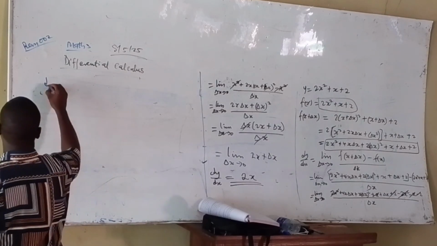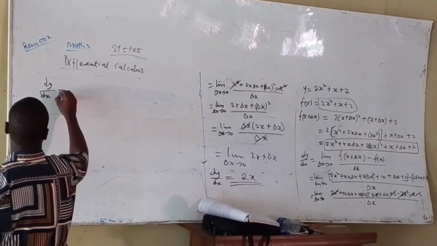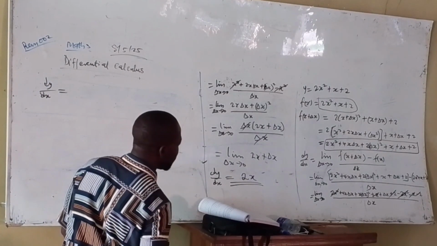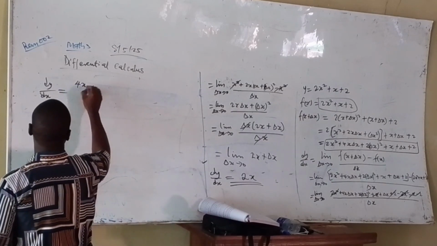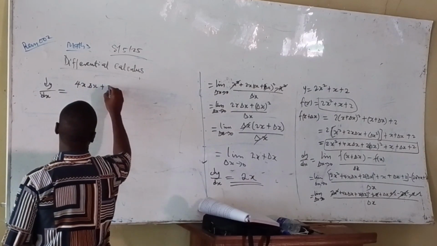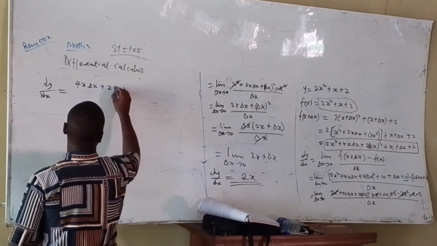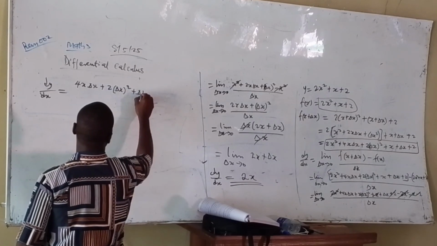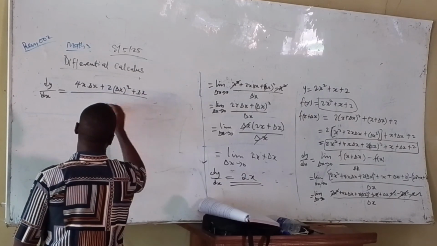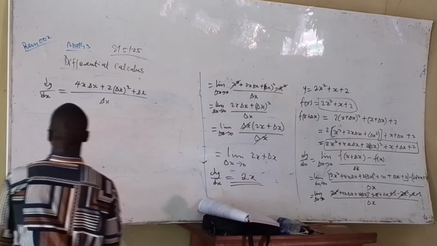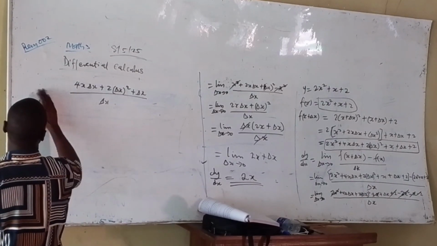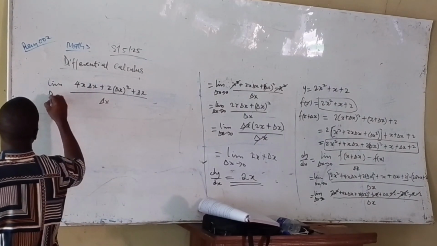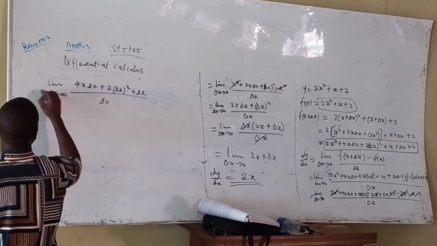The dy/dx is equal to 4x change in x plus 2 change in x squared plus change in x all over change in x. Don't forget, this is limit as change in x tends to 0.